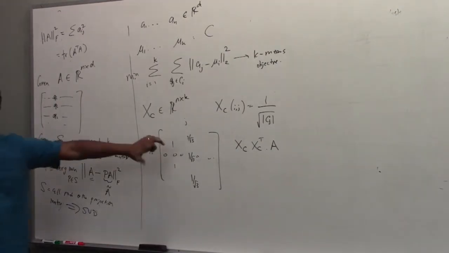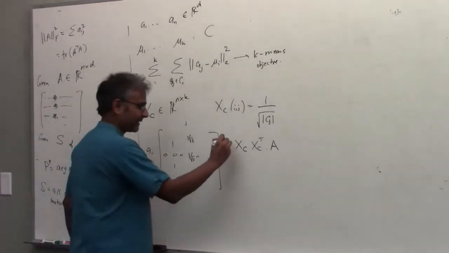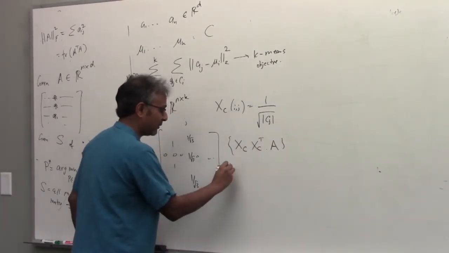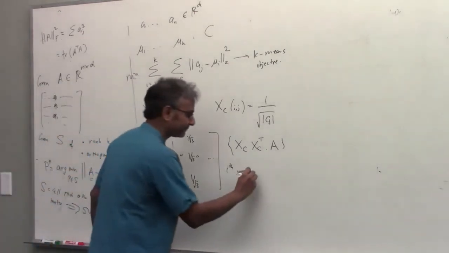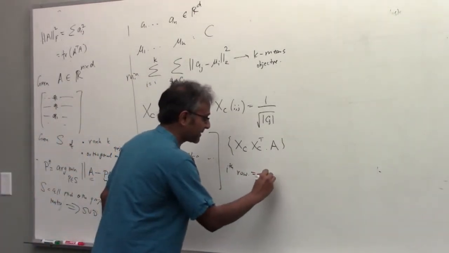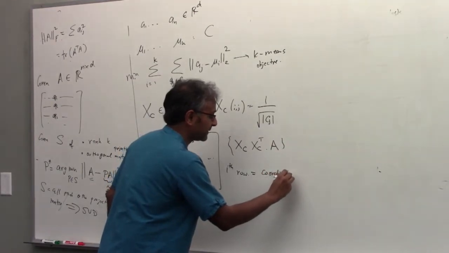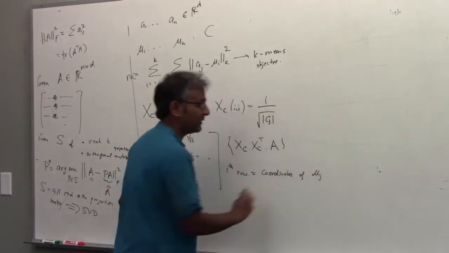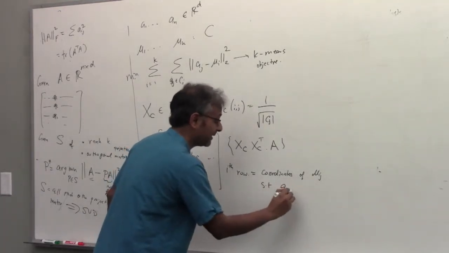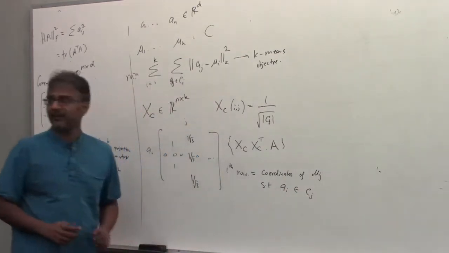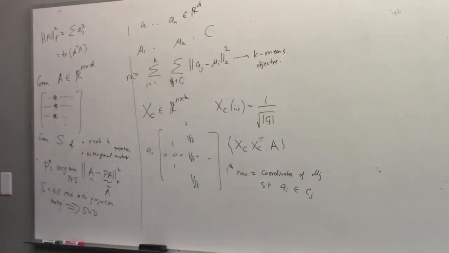It turns out, and you can work this out with a bit of algebra, that in this matrix, the ith row is going to be the coordinates of the mu j such that a_i belongs to cluster C_j. So the ith row is going to be the coordinates of the particular centroid that the ith point belongs to. So there are going to be duplicates there.